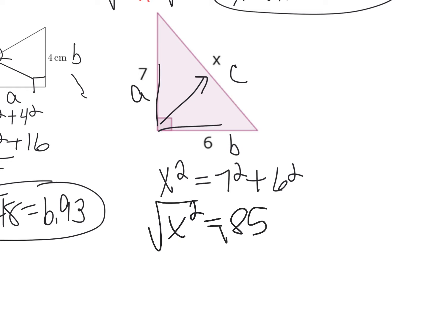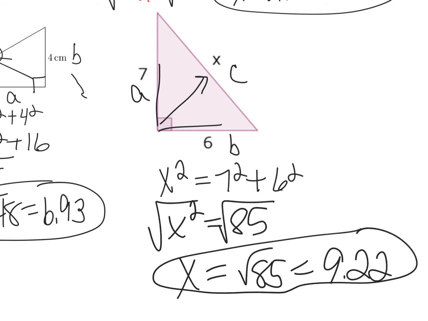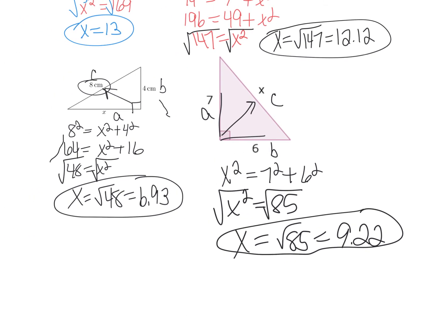If you take the square root of both sides, x is the square root of 85, or 9.22. And as with anything, it's always a good idea when you get your answer to go back and double check that your answer makes sense. Like if I get 9.22 and put it back in my picture, it is the longest side, which it should be because it's the hypotenuse.